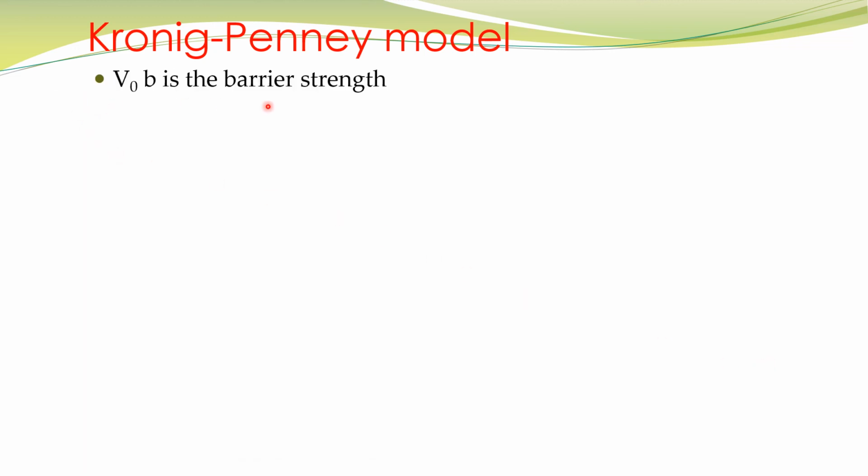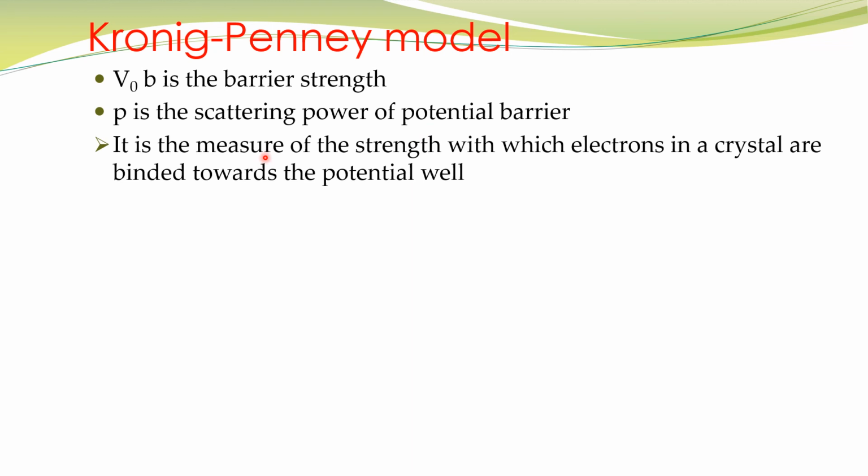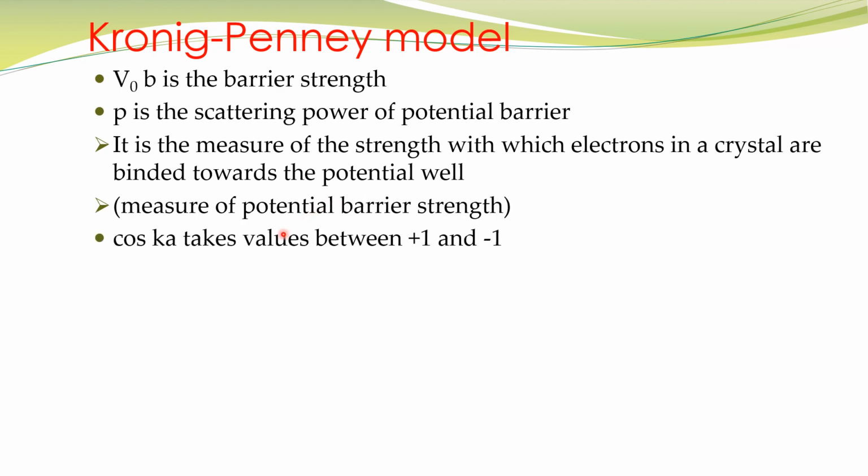V0 into b is the barrier strength and P is the scattering power of the potential barrier. It is the measure of the strength with which the electrons in a crystal are bound towards a potential well. Cos Ka in the equation can take values between +1 and -1.